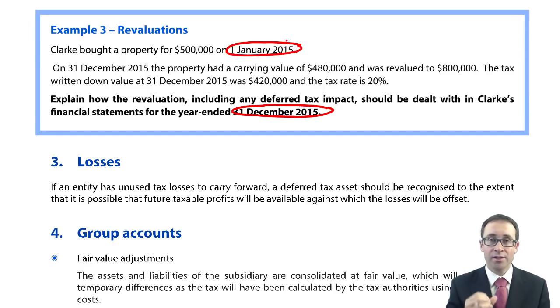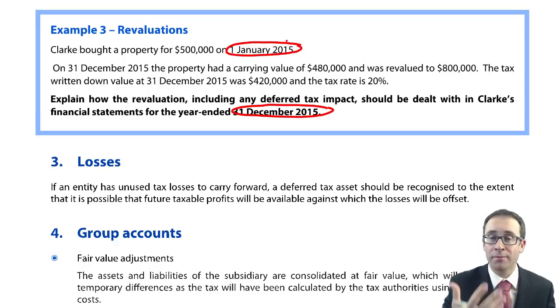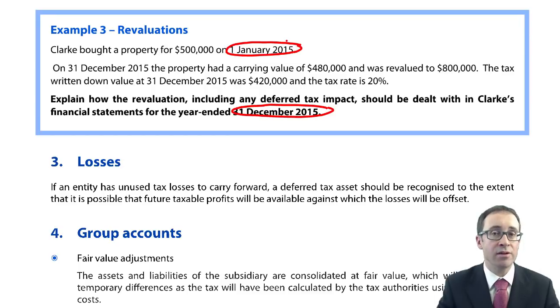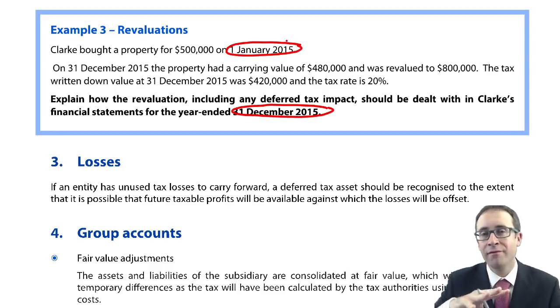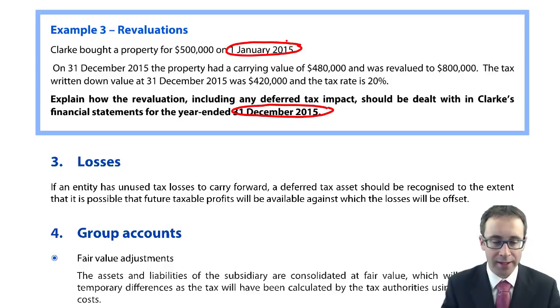The tax base was zero, and then we bought a PPE, capitalized it at cost plus directly attributable costs, and then depreciated it over its useful life from when the asset was ready for use, presumably the 1st of January. You can explain that if you so wish within the question, but I'm focusing more upon the revaluation aspect.